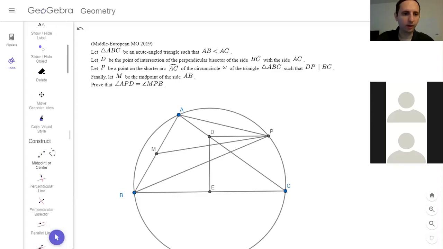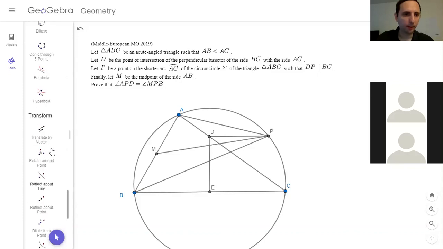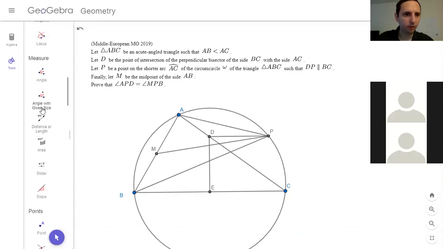Let me check my measurement. 143. Nope. But we're saying they're isogonal. APD is MPB. So there's got to be some similar triangles or something, right?